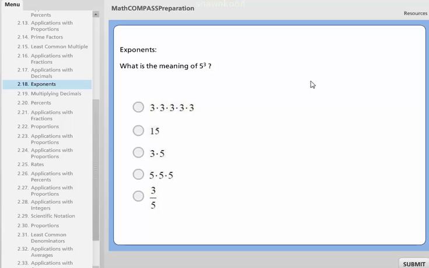Okay, so 2.18. What is the meaning of 5 to the third power? So what does this mean? When there's a number or variable at the top right corner, this is called an exponent.